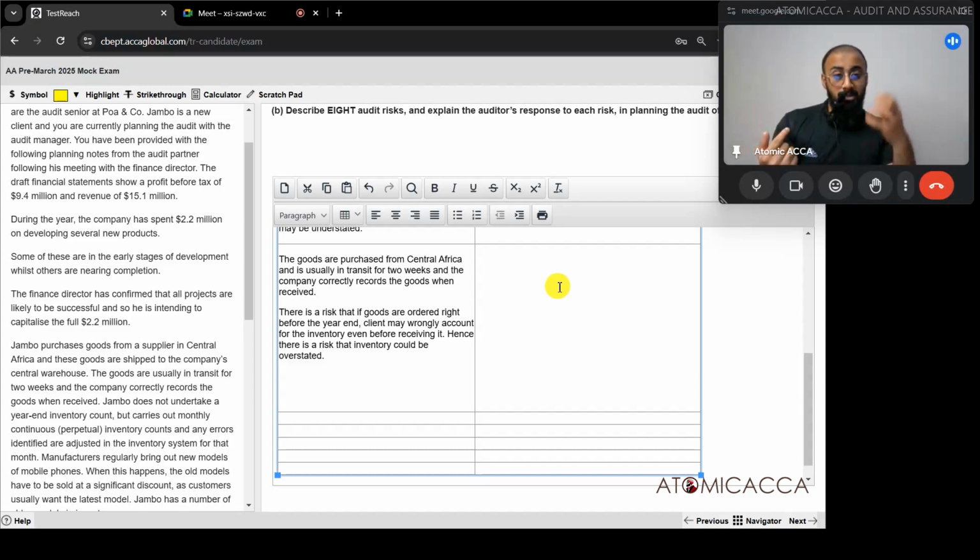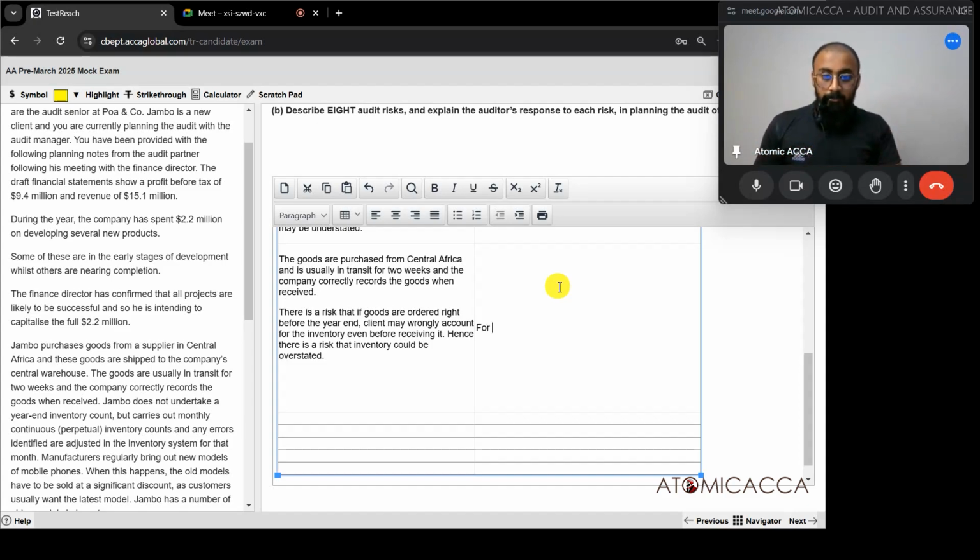What I want to know is the goods dispatch note, because once it is dispatched, the date is there. Let's say I know 30th September is the year end. So if 25th September is the date written on that, it means that 2 weeks from there it will take to reach over here. So if in case those inventories are recorded, it means they have overstated the inventory. So this is what I'm trying to find from the goods dispatch note.